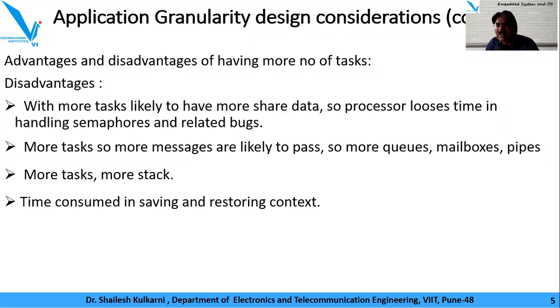For any system design, overhead time is expected to be minimized. More tasks require more context switches in the process of task switching, so more time is consumed in saving and restoring the context, and the overhead becomes high. That is one of the disadvantages of having more tasks for any application.